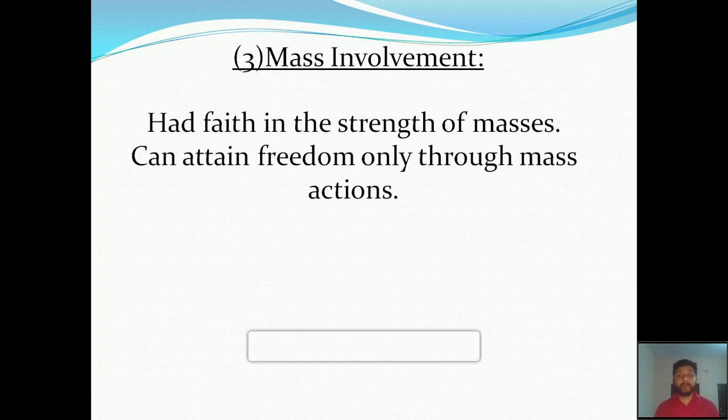Once the national freedom movement started to take the form of a mass movement, the people knew that through mass movement or mass actions the freedom of the country is possible. So that was the third stage.